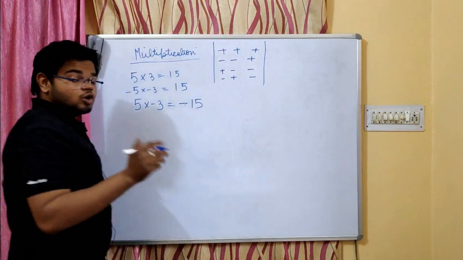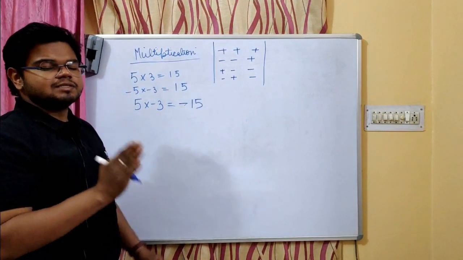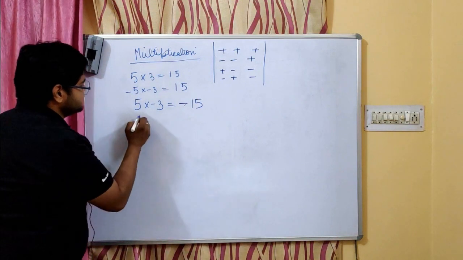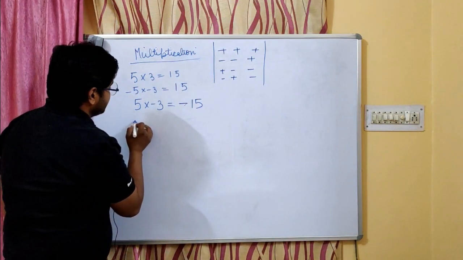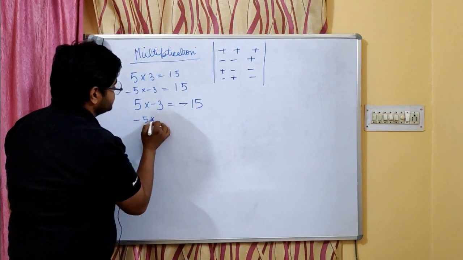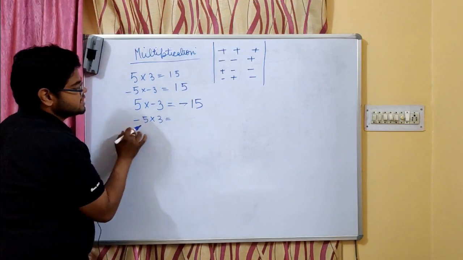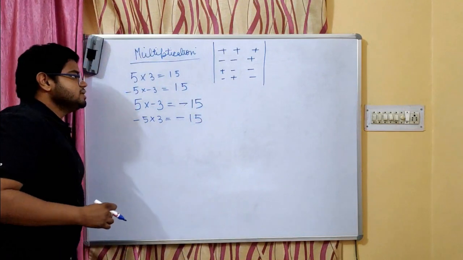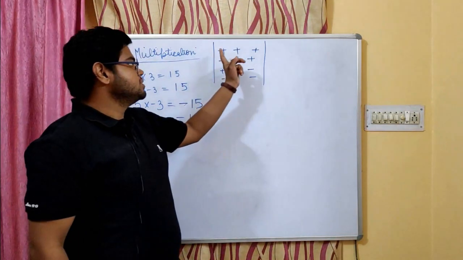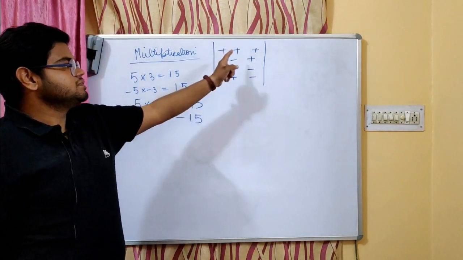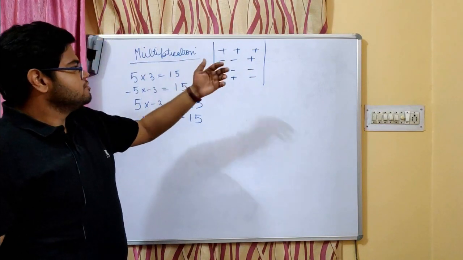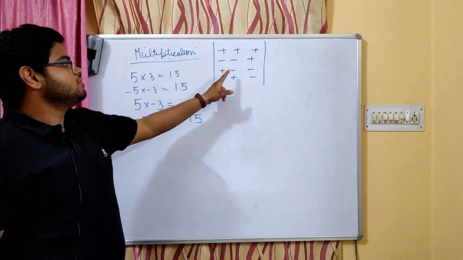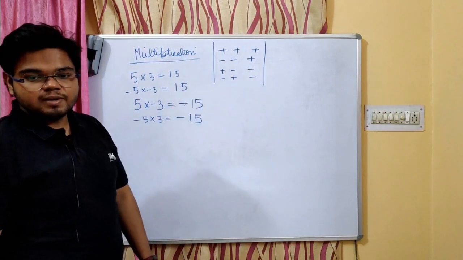And children, you will not be using the number line, you will just be simply using simple addition, multiplication and subtraction. Now, if you had minus 5 into 3, then one of them is negative, the end result will also be negative, children. So in multiplication of integers, if both the integers are positive, the end result will be positive. If both are negative, it will also be positive. If one of them is negative, the end result will be negative.